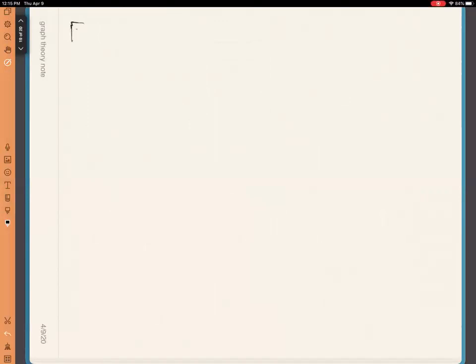And so another example, well, let's suppose finding a subgraph. Let's suppose G is just any graph. And so if I just delete some edges, right?